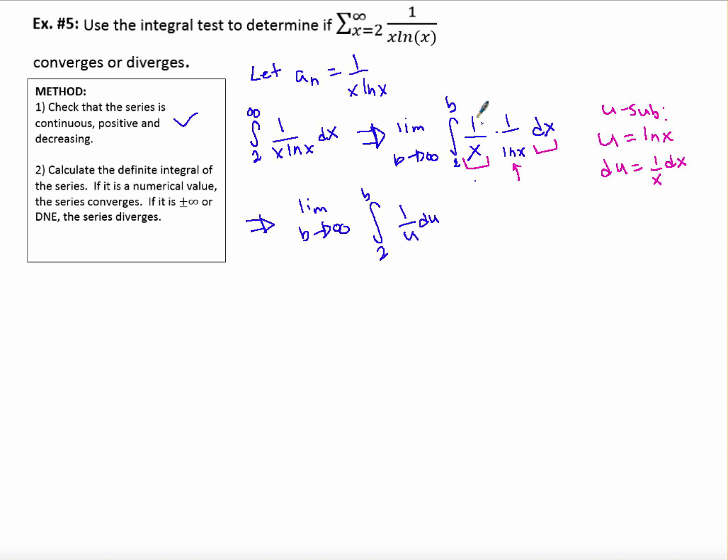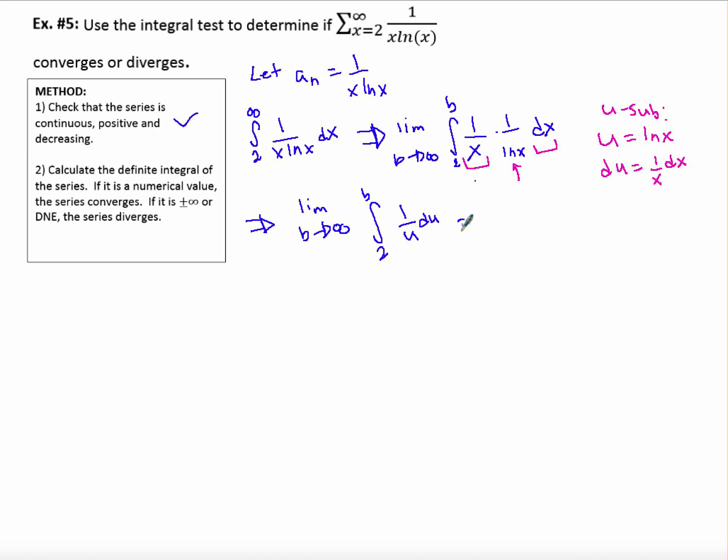Again, 1 over x dx is equal to du, so I can take that piece out and substitute in a du for it. And then ln x was my u value, so I'm substituting in a u for my ln x. Now the reason I did that is not because I prefer to work with u's, but because it's much easier to take the antiderivative of 1 over u than all this other stuff.